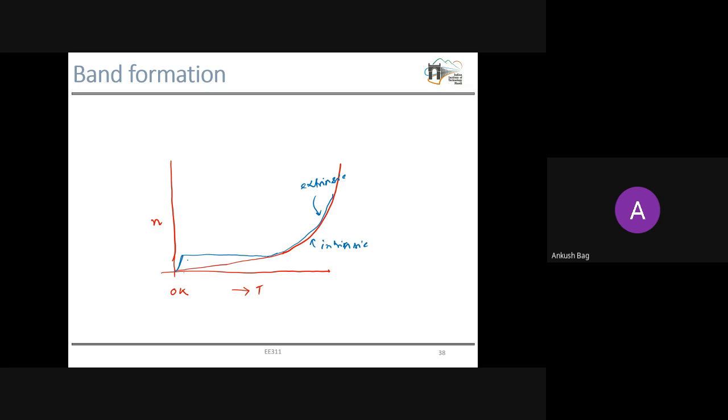Because if we identify roughly, this is domain 1, let's say, and then this is domain 2, and this is another domain 3. So now which domain, or which temperature range, will we use to operate our device made out of this doped semiconductor, this extrinsic semiconductor?